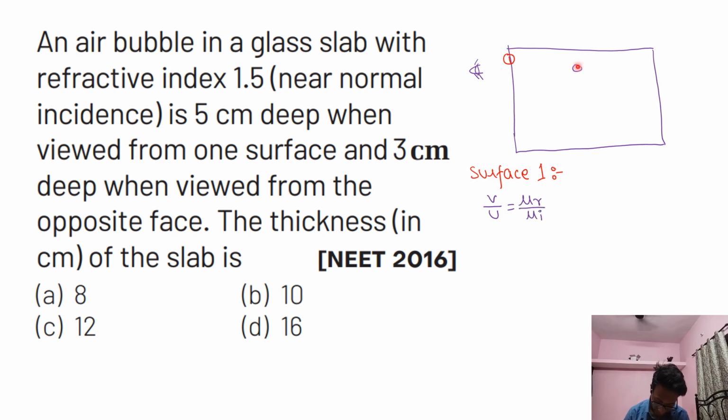If the bubble is out here, the incident ray is inside the slab, so the refractive index of the medium of the incident ray is 1.5. Refraction happens out here and the ray reaches the observer, so the refracted ray is out here. So mu R is nothing but 1.